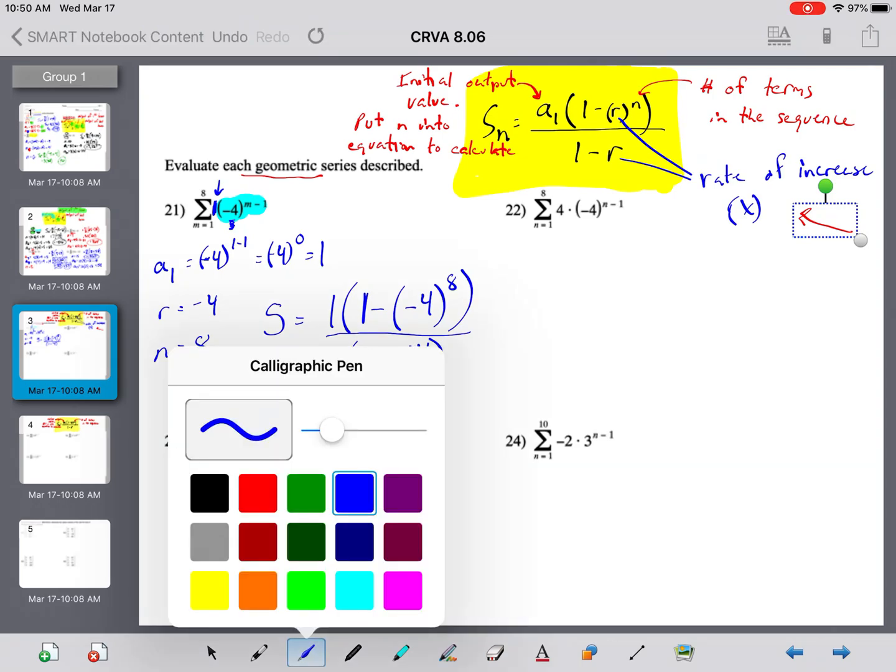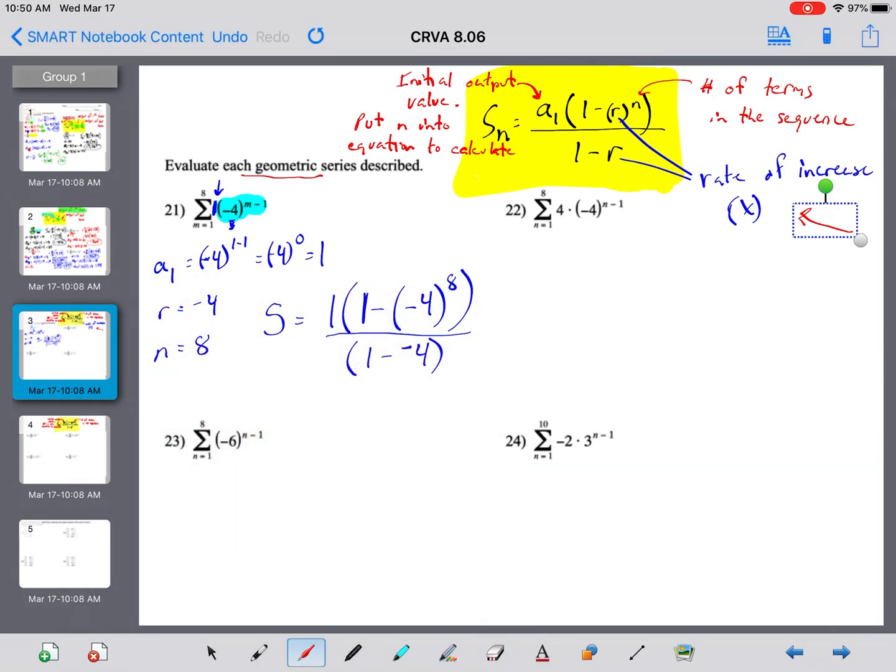And you could have taken your output from right here, punch this green part in the calculator, see what you get out, and then divide that by, in parentheses, 1 minus negative 4. Or maybe you're going to do that mentally.